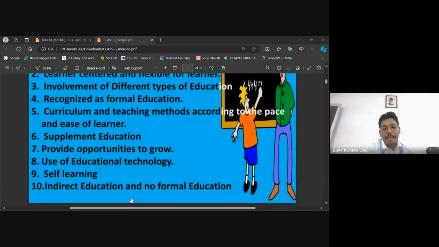So the matter is that use of educational technology enhances the potentiality of the learners, and alternative education is another way which helps the learners to learn better.